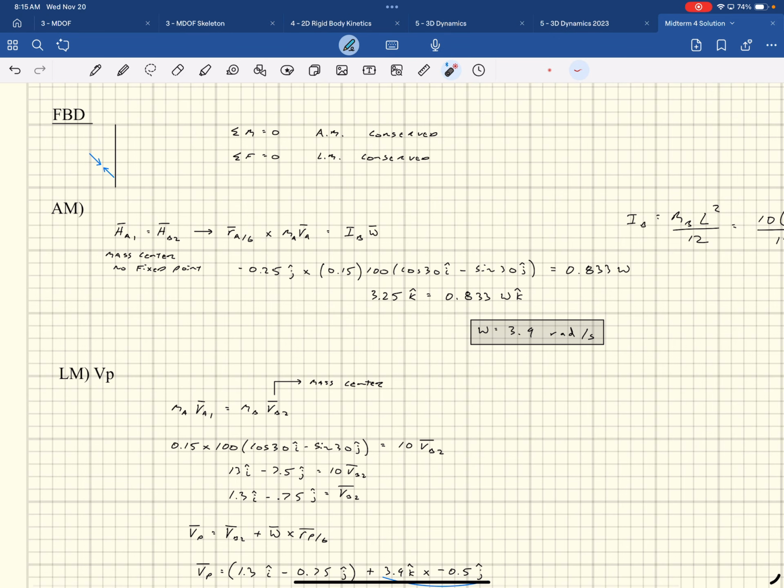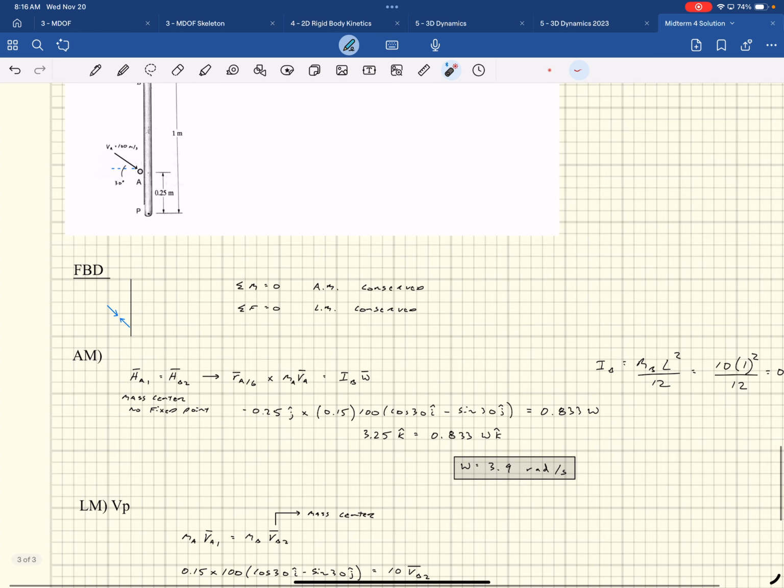Okay? So at this point, we just plug in what this R cross M_A V_A is. So the moment arm is this. I wasn't too big of a stickler on signs. If you did it wrong down here but still said that it came out as a positive omega, I was fine with that. But if you said it was a negative omega, then I did dock you a point.